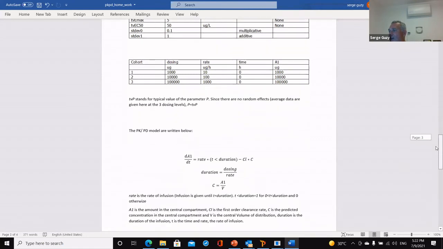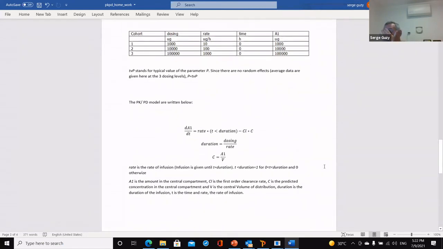Okay. Now I'm going to write the equation for the one compartment model with an infusion that stops after a certain duration. And this is called a differential equation. A1 is the amount in the central compartment, it's the one compartment model. Then you have dA1/dt equal to the rate.